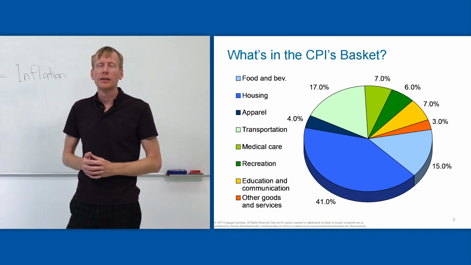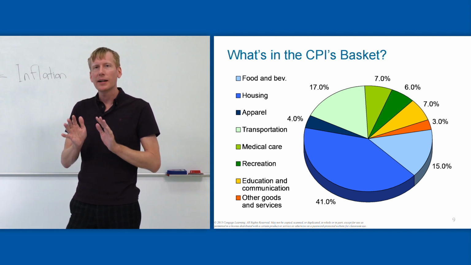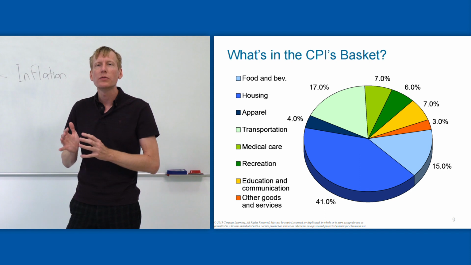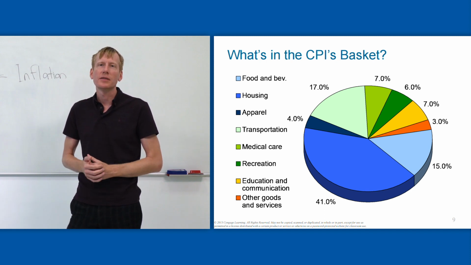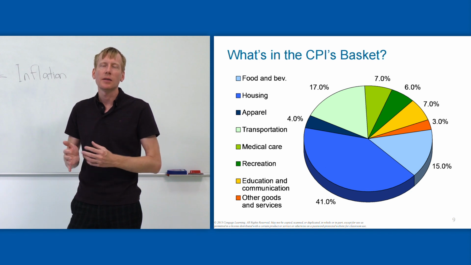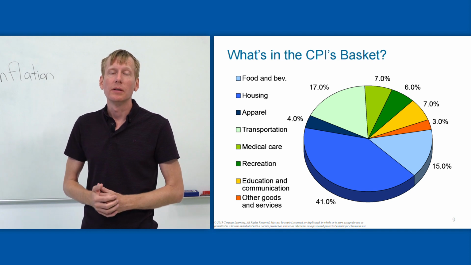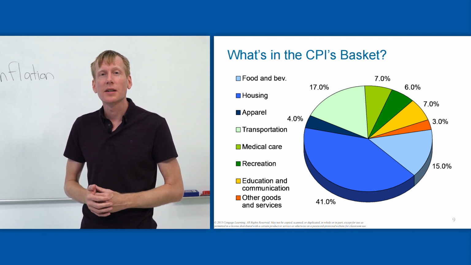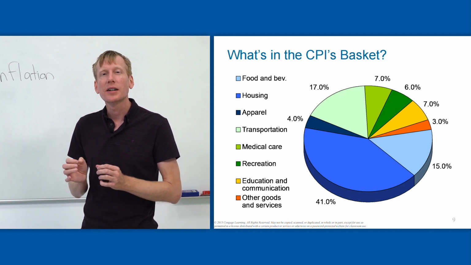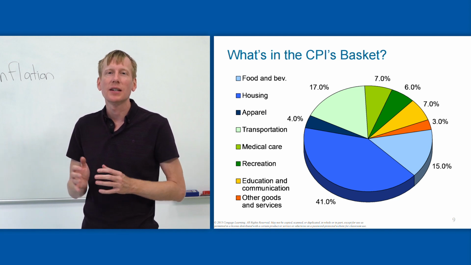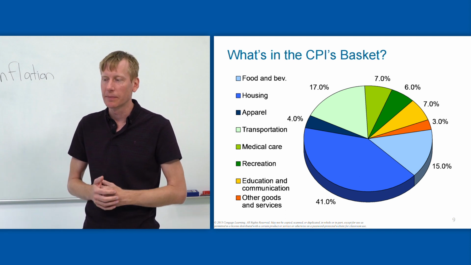The third category, coming close behind transportation at 15% in the United States economy, not necessarily in all economies around the world, is food and beverages, which includes both groceries, raw foodstuffs, things like bread or things like tomatoes, and also restaurant meals. Other categories of goods make up much smaller portions of the average consumer's budget and also much smaller portions of the consumer's CPI basket used to calculate changes in their cost of living.